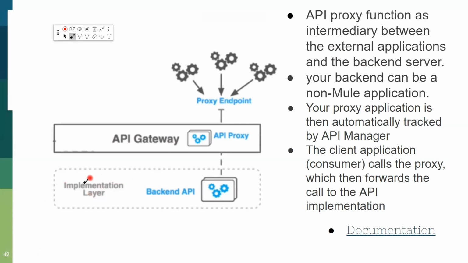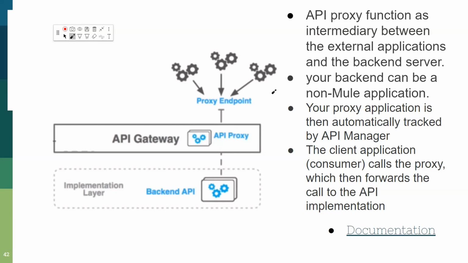This is your actual code that you deploy from Anypoint Studio to CloudHub, for example. So that is your backend server. And here you have different applications or clients. So the API proxy is an intermediary layer.